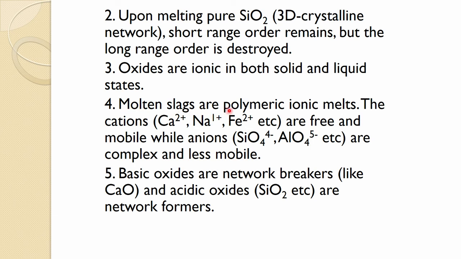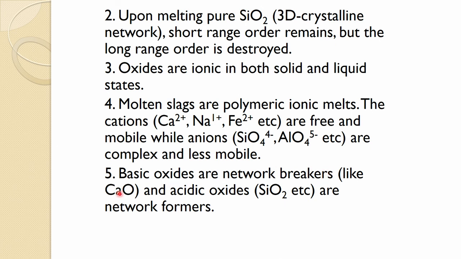So, molten slags are polymeric ionic melts. Cations like calcium, sodium, iron, etc. are free and mobile, while anions, silicate, AlO4, etc. are complex and less mobile.